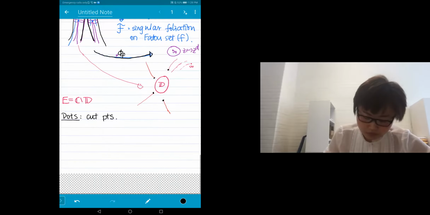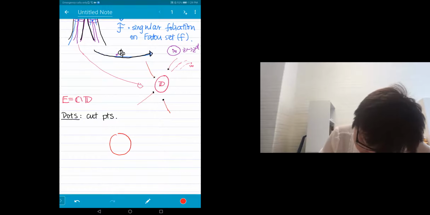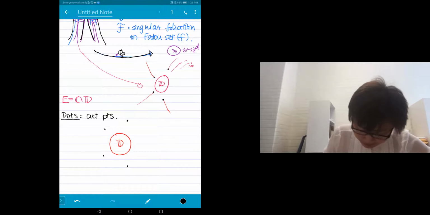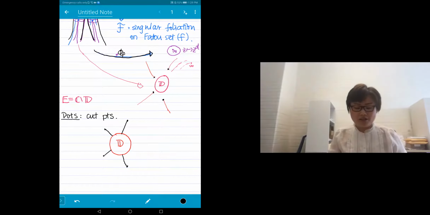And so let me just draw the picture again. You have this complement of the unit disk, and you have these dots. And what you want to do is connect them up to the boundary of the unit disk. And what does this mean?